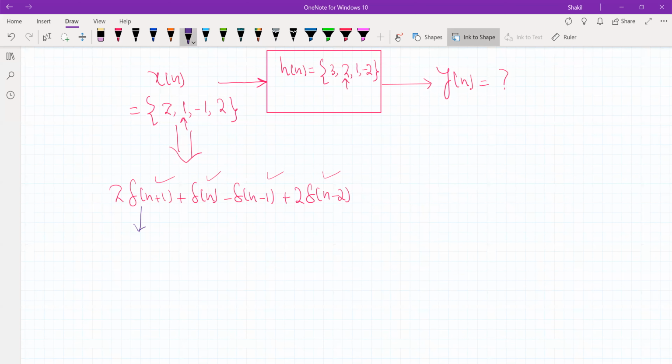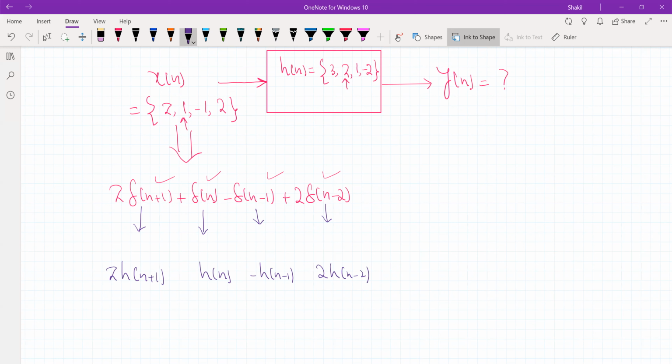So what's the response for this? If I apply this as input to the system, this is twice h of n. The corresponding response for delta n minus 1 is minus h of n minus 1. Then this will be twice h of n minus 2.